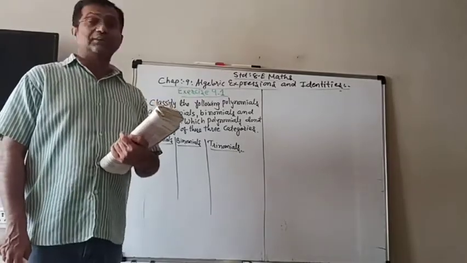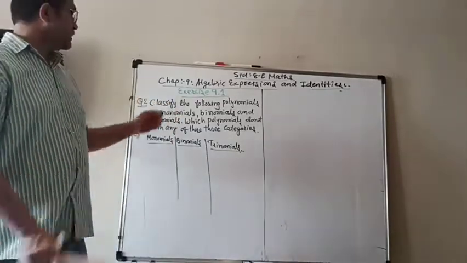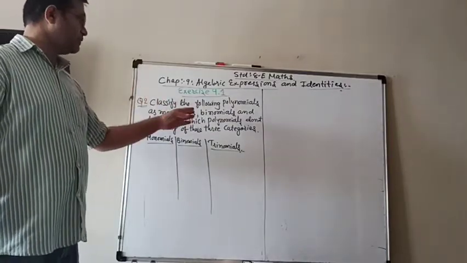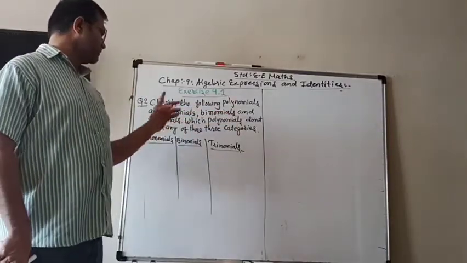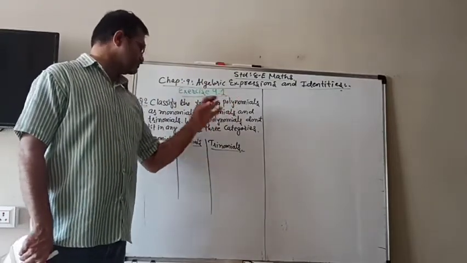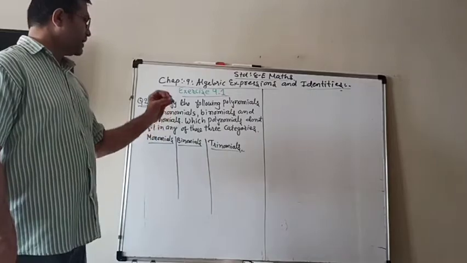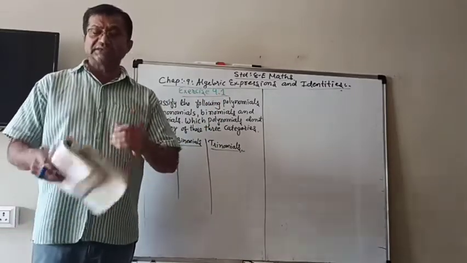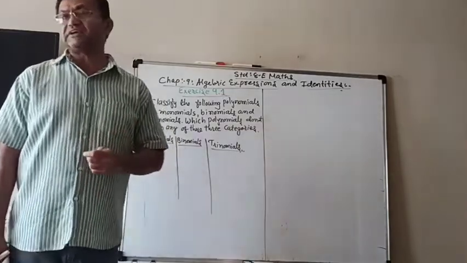Now question number 2. Classify the following polynomials as monomials, binomials and trinomials. Which polynomials do not fit in any of these categories? So here some polynomials are given.